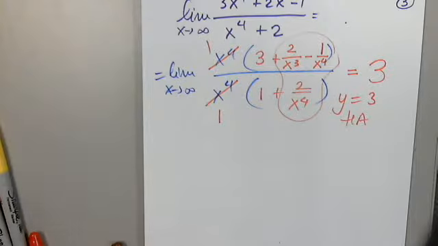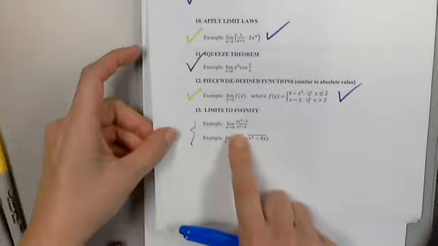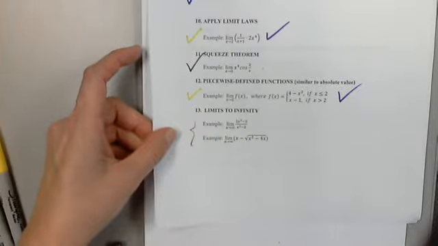Okay, now from the limit handout, I would like you to give me the answer for the first one. 1 minute, and then we'll look at the second one.